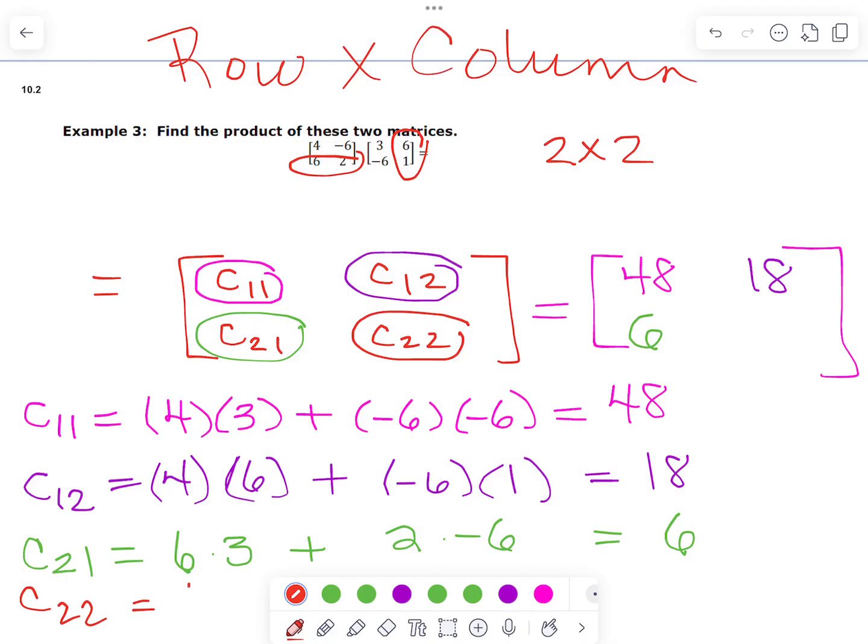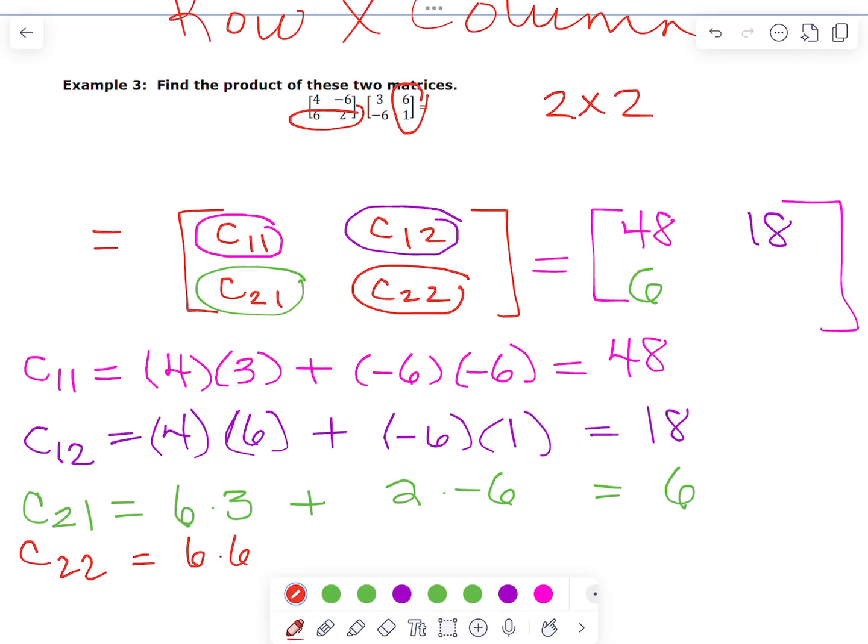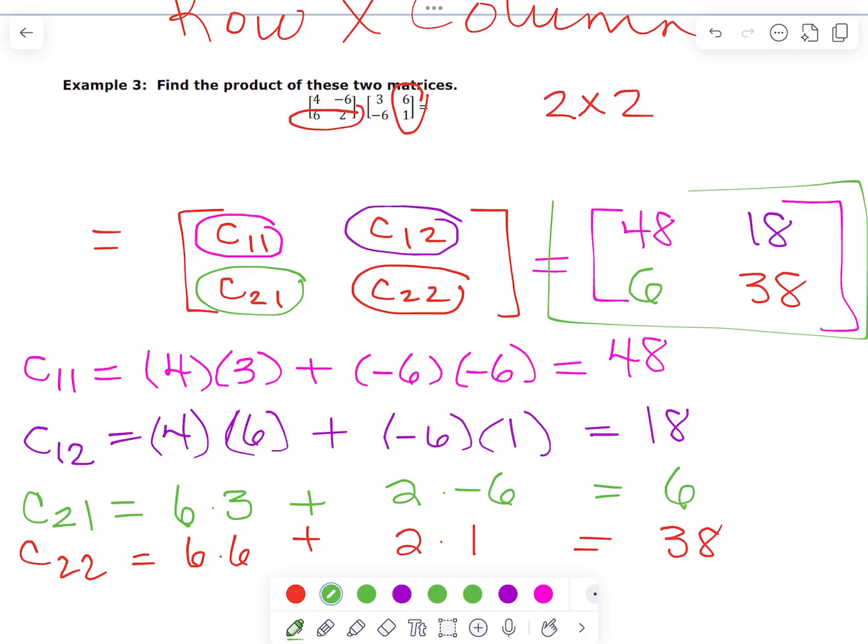So we're going to multiply 6 times 6 plus 2 times 1. Enter it into our calculator, and that will be our final answer. This is our matrix, a 2 by 2 matrix. All right, let's continue on.